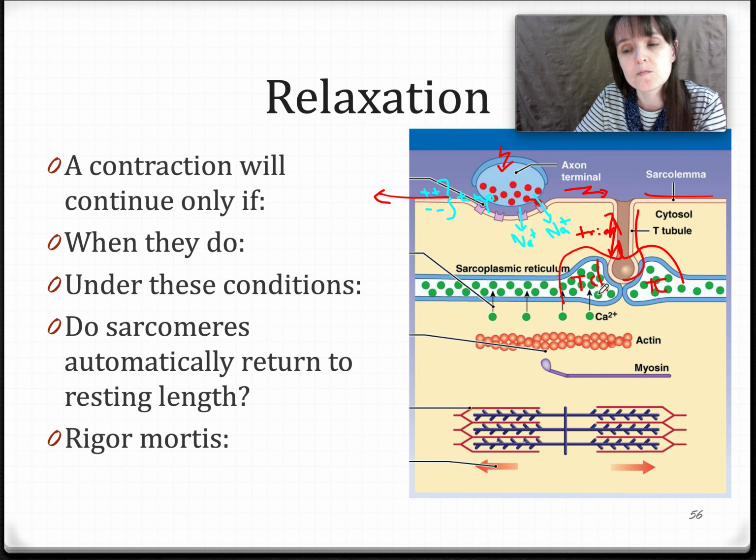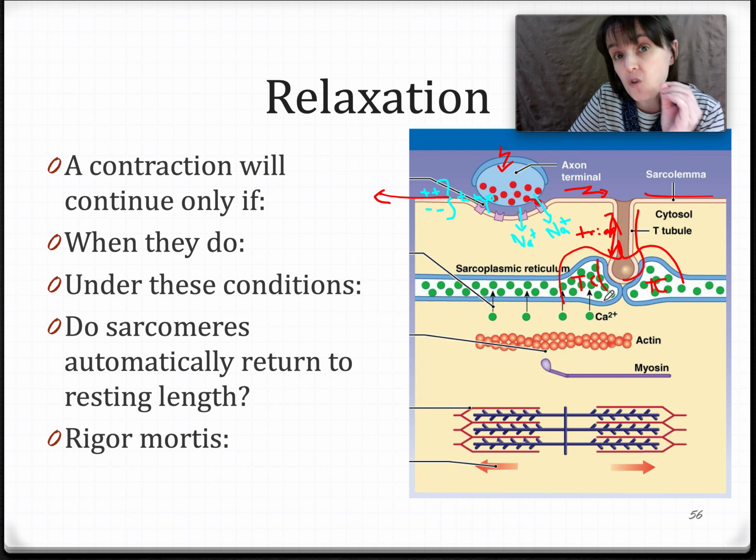Okay, so let's keep up with the contraction there, just because this is a nice picture, so let's review. So when the muscle action potential reaches the T tubule, that change in voltage activates the voltage-gated calcium ion channels in the terminal cisternae, and release a bunch of calcium.